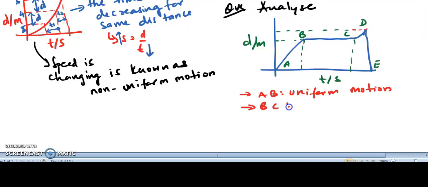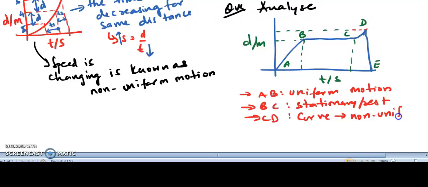B to C, it is stationary or at rest. C to D is a curve, which means it is non-uniform motion.